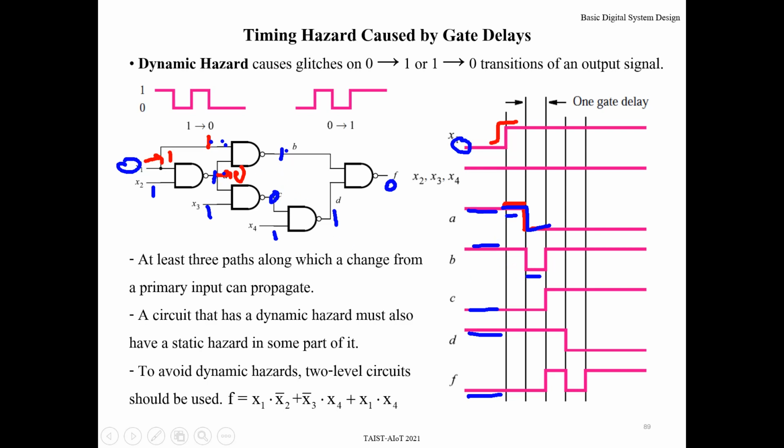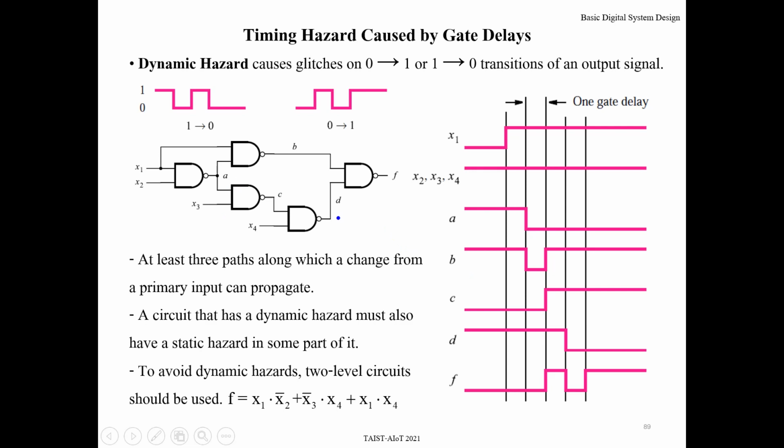After that, when A changes to 0, B changes to 1 again. So with this period, it makes C, okay, A changes here, wait for 1 gate delay, then C changes.